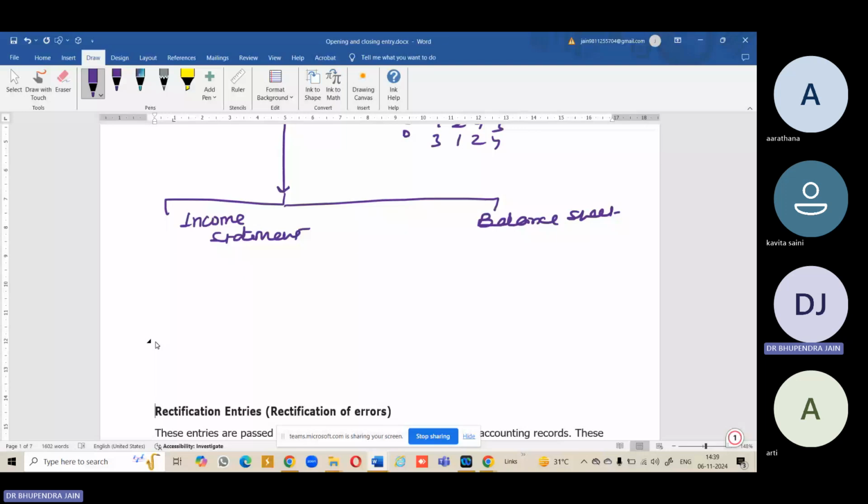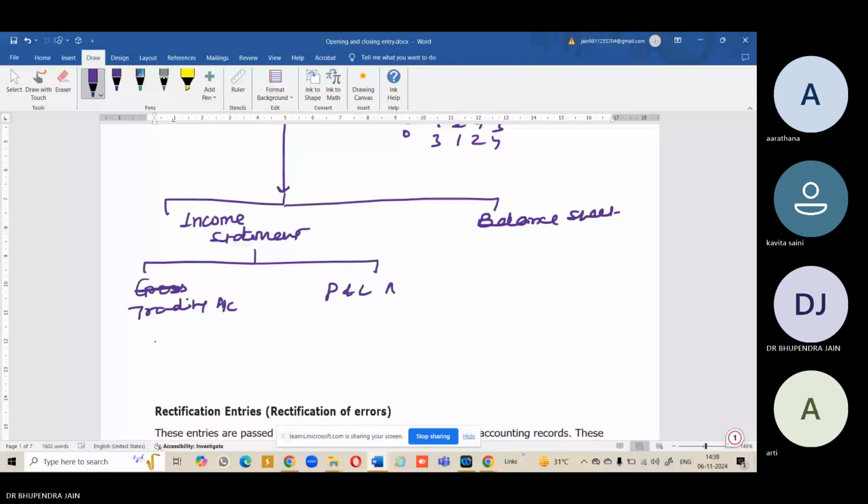Number first is the trading account, and number second is the profit and loss account. From the trading account, we can find out the gross profit or gross loss. And from the profit and loss account, we can find out the net profit or net loss.